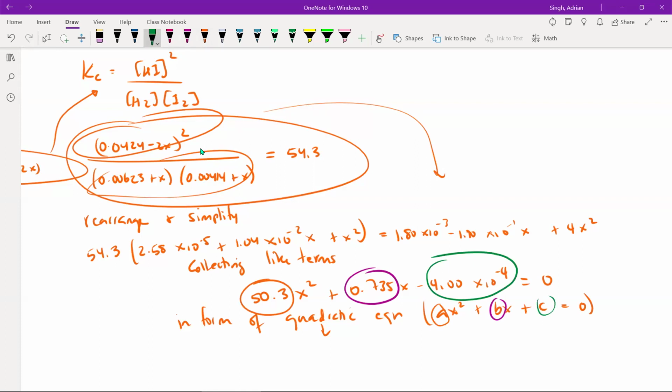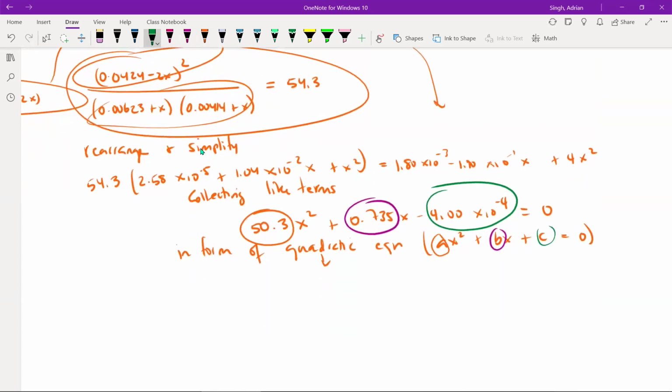So when you solve your quadratic equation, you solve it for x, if you recall, and this is in your appendix, by the way, in your textbook, if you forget. x is equal to minus b plus or minus the square root of b squared minus 4ac all over 2a.